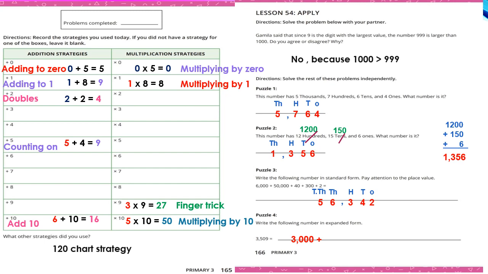And 5 in which home? 100. Yes. So 5 and 2 zeros. Tens here is absent. The tens home here is absent. And the last digit here is 9.